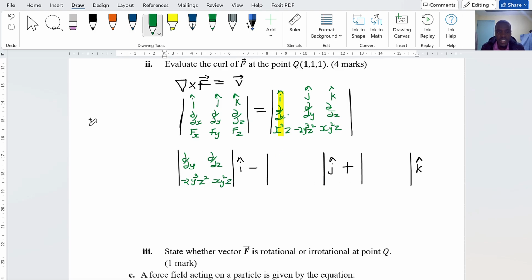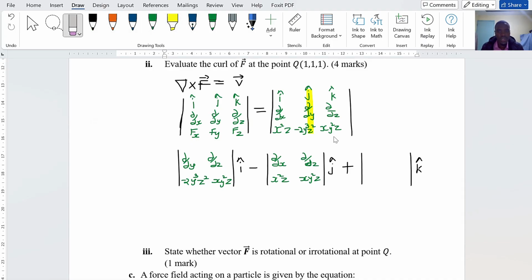Now let's go to j. When you want j, as usual, we delete j. When we do that, we remain with d over dx and d over dz, then x squared z, then x y squared z.